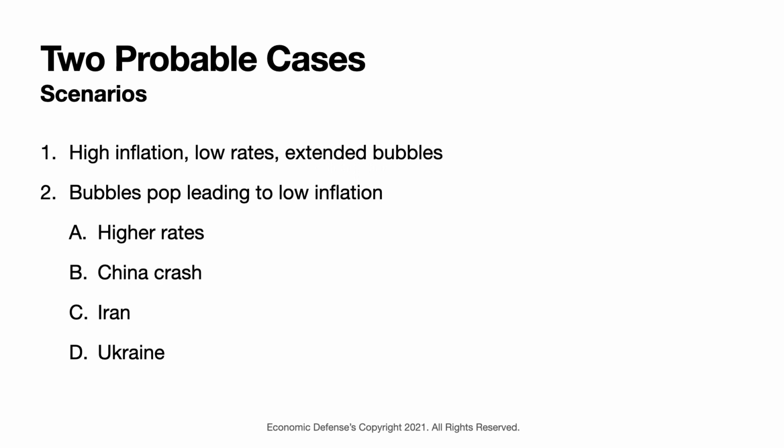So the stock market bubble and the real estate bubble continue to inflate. And the second case is that those bubbles pop, then leading to lower inflation. And these bubbles can pop again based on higher rates, a China crash, a war in Iran, or a war in Ukraine that will spike energy prices even further.